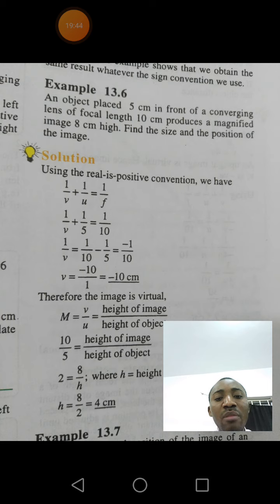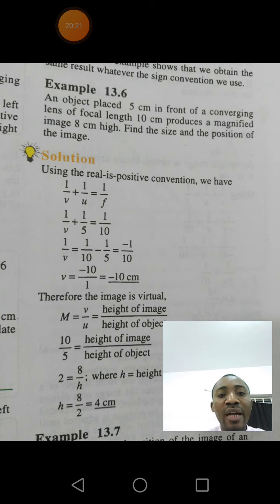So if we bring the image distance that we have just obtained, we're not carrying that minus over here, because the minus here is only telling us about the nature of the image. It's a virtual image. So in the next calculation you don't need that negative sign; you just need the absolute value of that image distance. So in this case, we have image distance 10 and object distance 5.